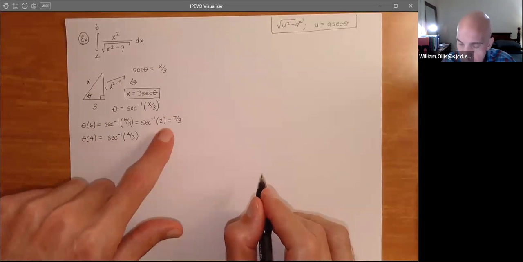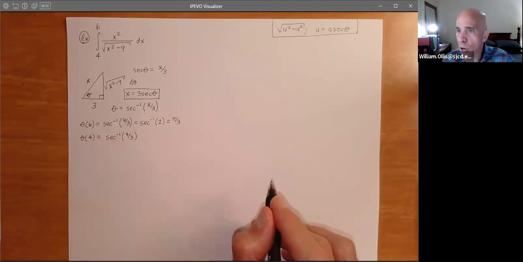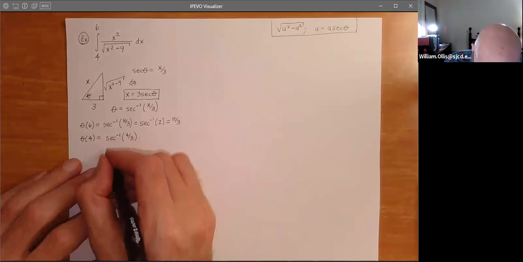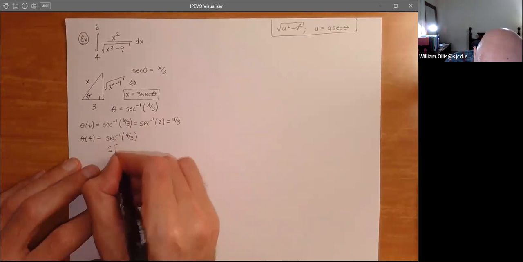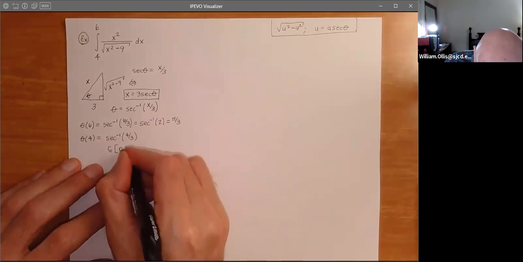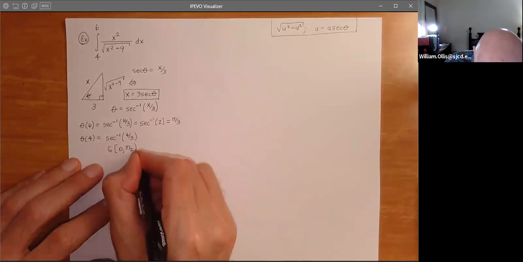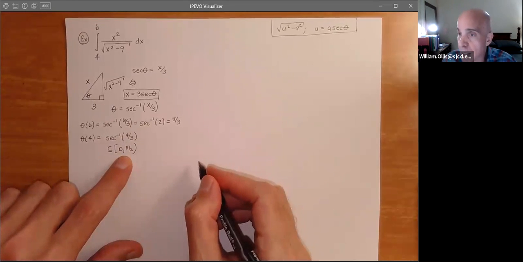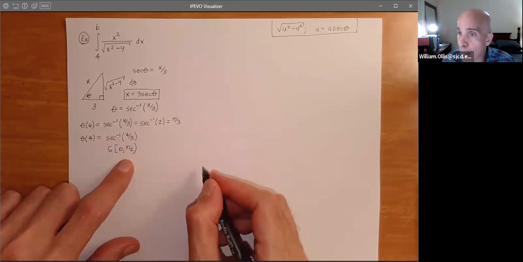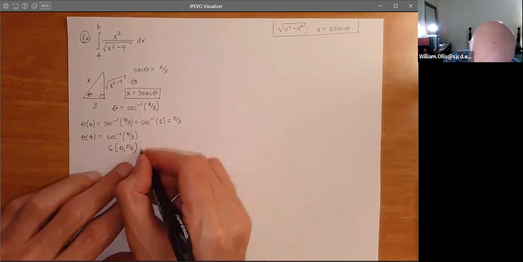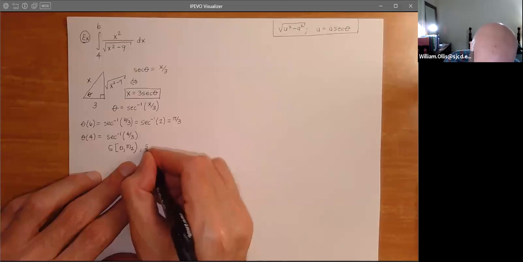But notice these are in the arc 0 to pi over 2. So both of these are contained in this part of the arc, 0 to pi over 2. So this is where the inverse secant is positive. If we have some absolute values here, this will tell us how to interpret.